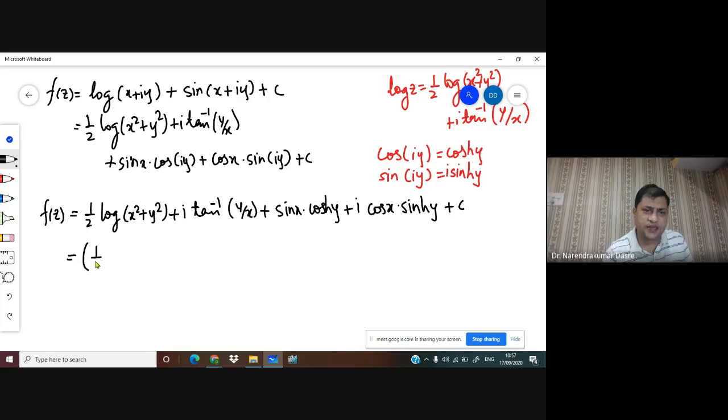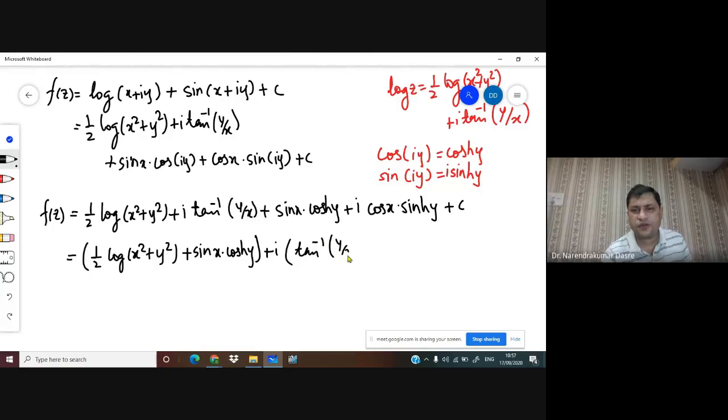So we can write this as half of log of x square plus y square plus sin x cos hyperbolic y plus i times tan inverse of y by x plus cos x sin hyperbolic y, plus c. Okay, so this is f of z.